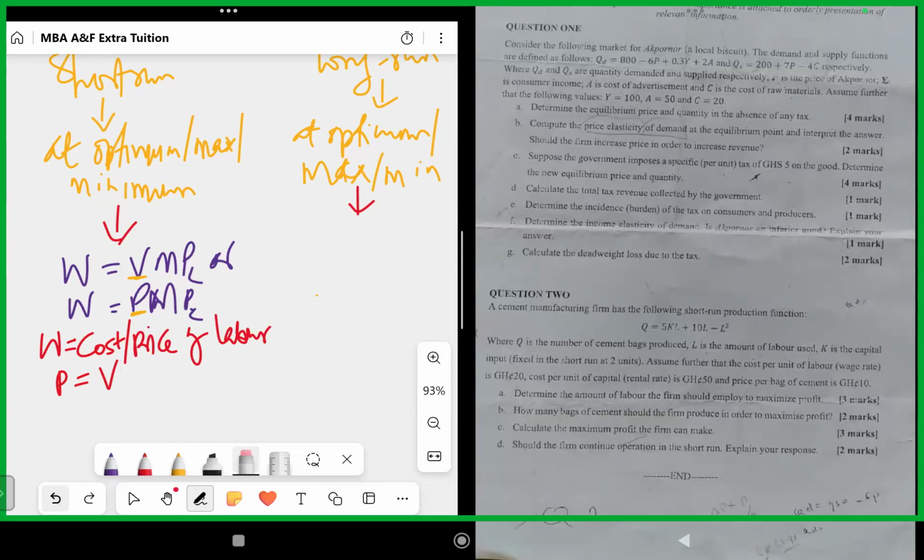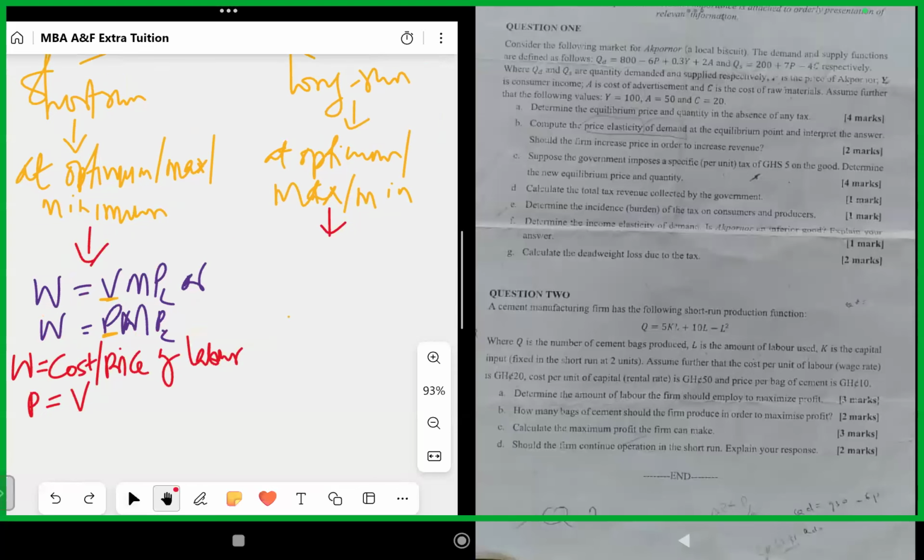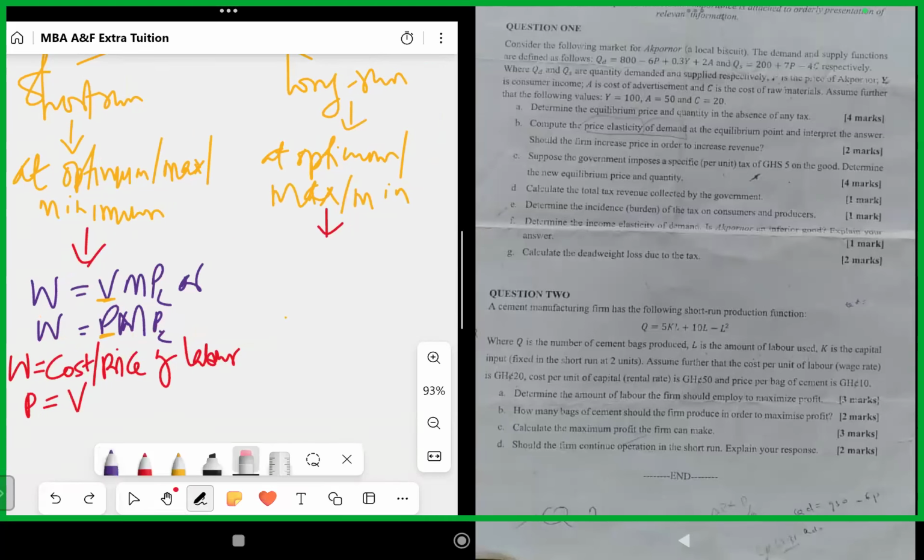Then when you go to the long run, we say that MRTS, marginal rate of technical substitution, is the same as saying MPL over MPK.